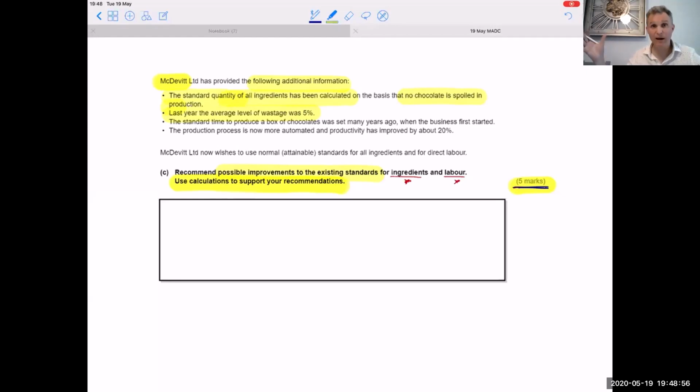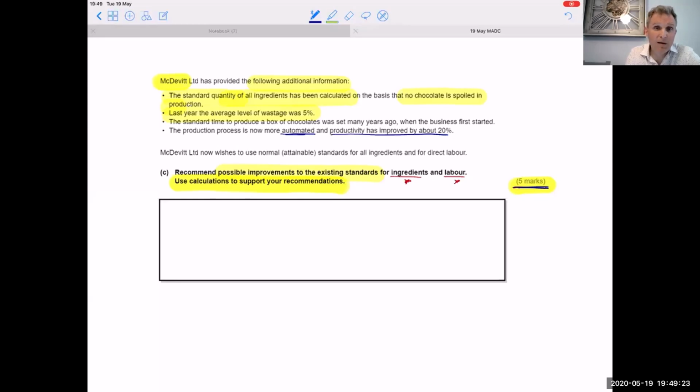The remaining 95% went into our products. The standard time to produce a box of chocolates was set many years ago. The production process is now more automated, and productivity has improved by about 20%.